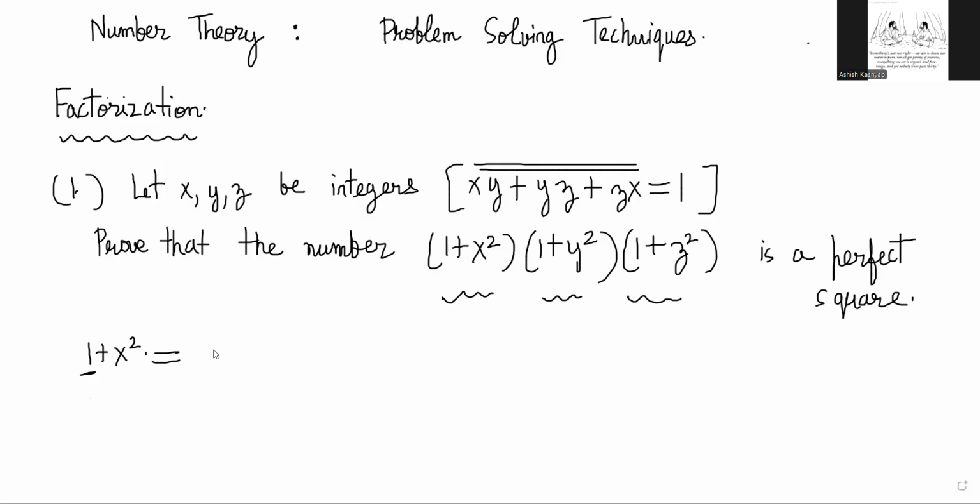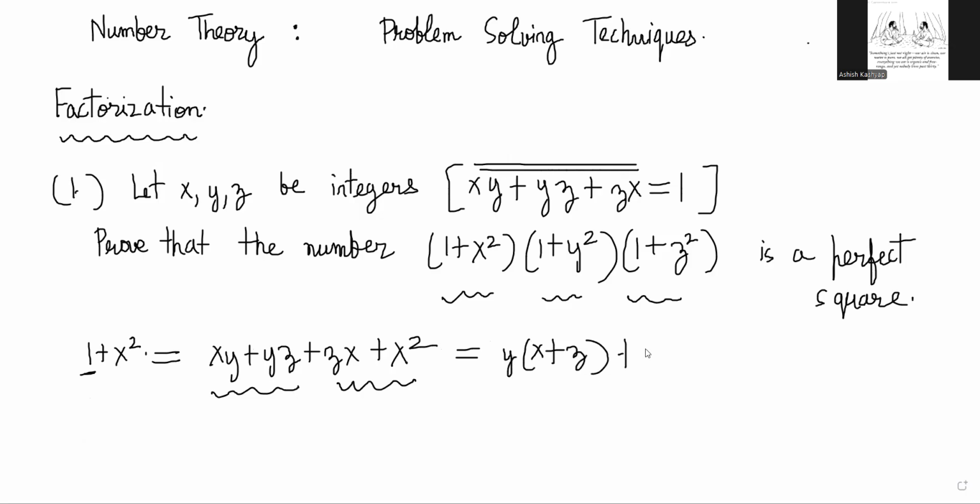So you will get xy plus yz plus zx plus x square, and notice that now you can factorize this. If you take y common here, you get x plus z, and if you take x common here, you get x plus z again. You get y times x plus z, plus x times x plus z, and basically this becomes y plus x times x plus z.